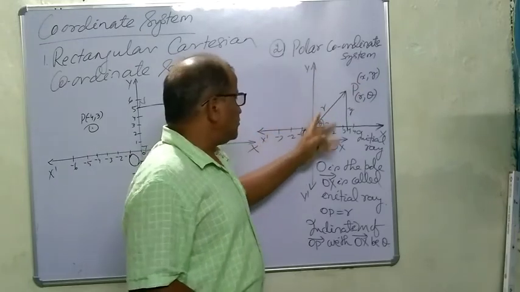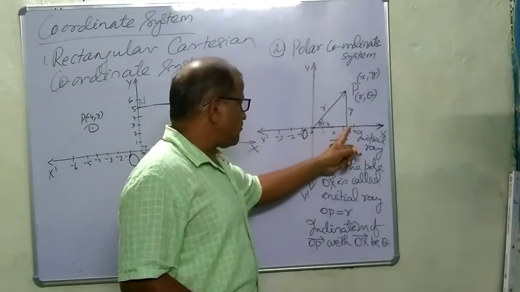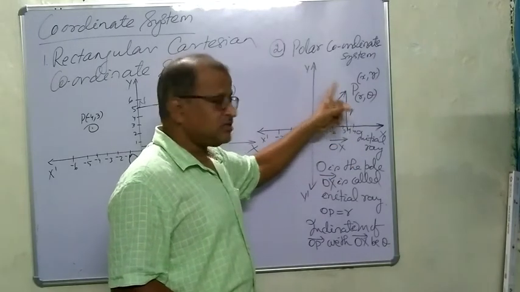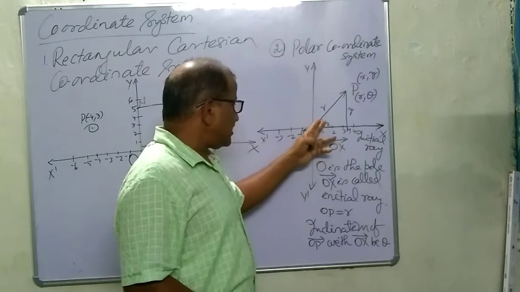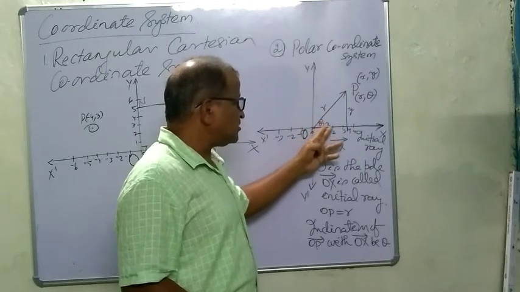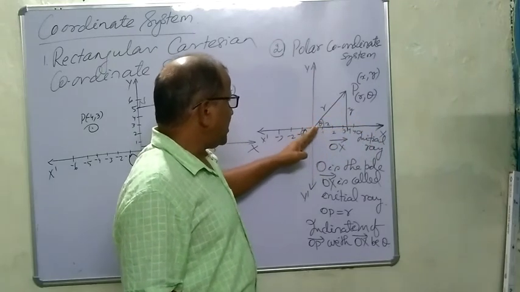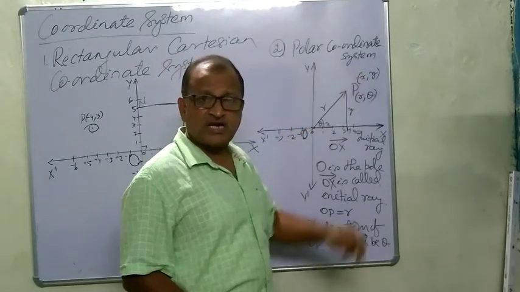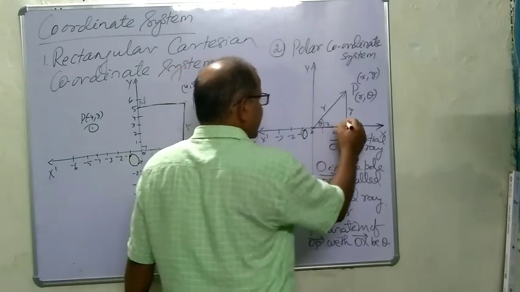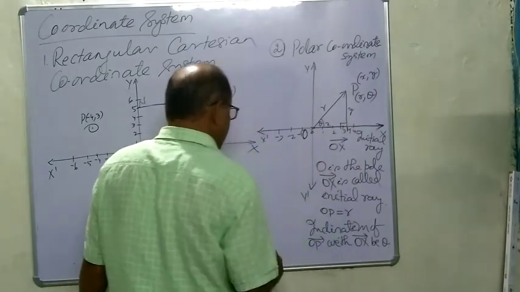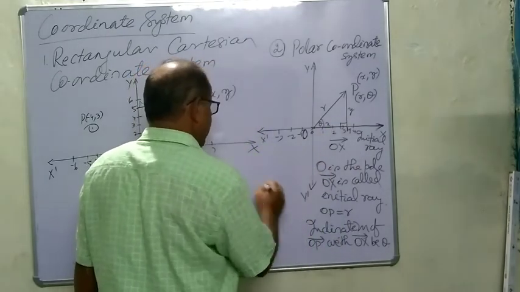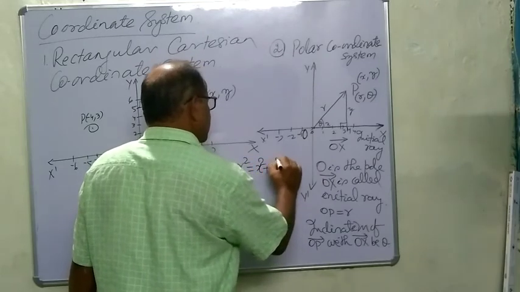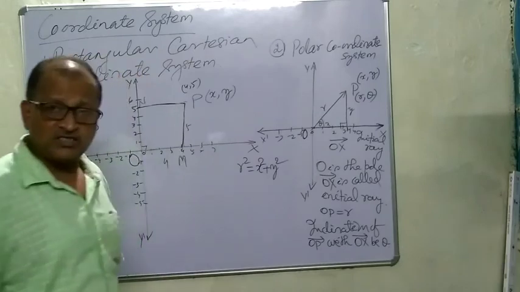Like in your Cartesian coordinate form, you move x distance, then y distance, you get that point. Similarly, by making an inclination theta with the initial ray OX and moving a distance of r units, you can reach that point. Now you see it is a right angle triangle. There is a very good relationship between x, y and r. r squared is equal to, by Pythagoras theorem, x squared plus y squared.